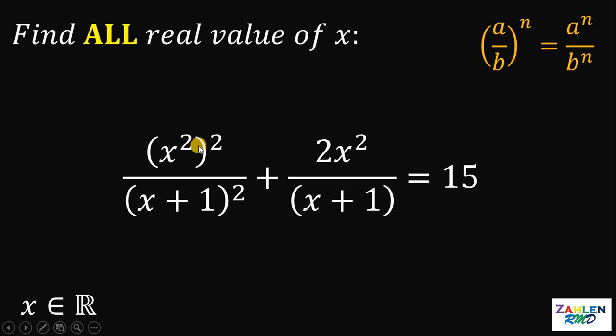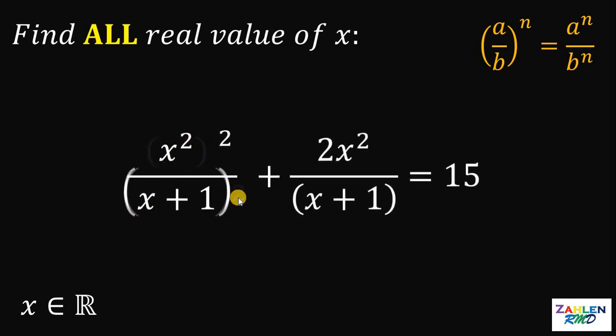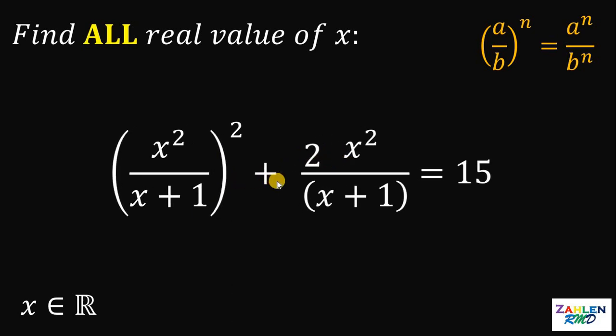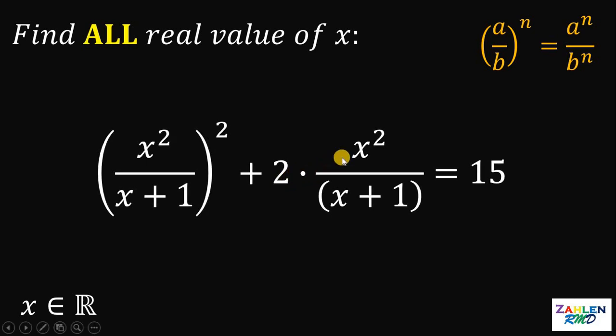Therefore, this term (x squared) quantity squared over (x plus 1) quantity squared can be written as (x squared over x plus 1) quantity squared. Now, take note that this 2 is a constant, so we can put this constant in the front. So this will give us 2 times x squared over x plus 1.